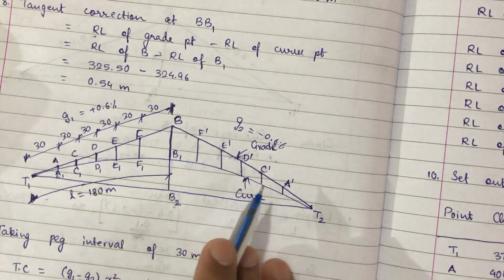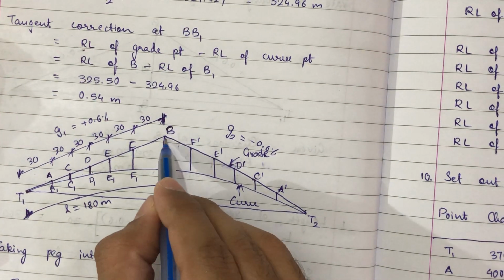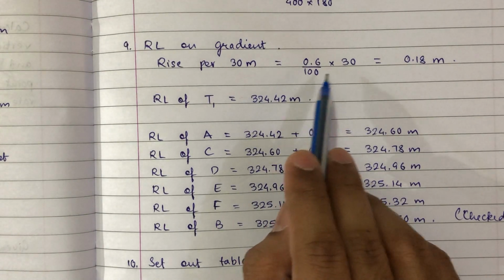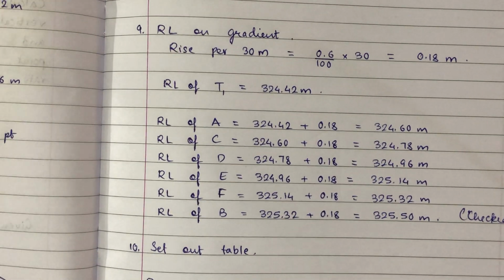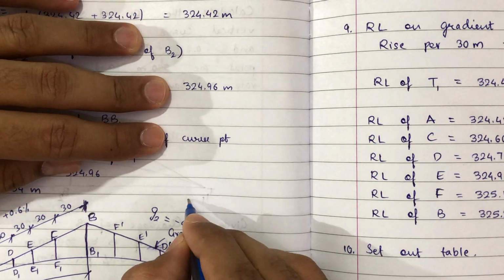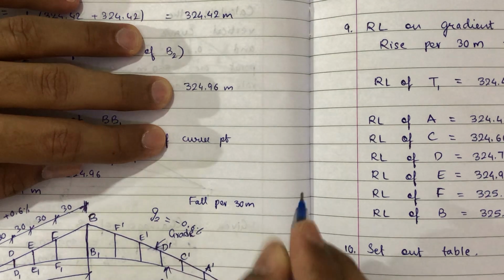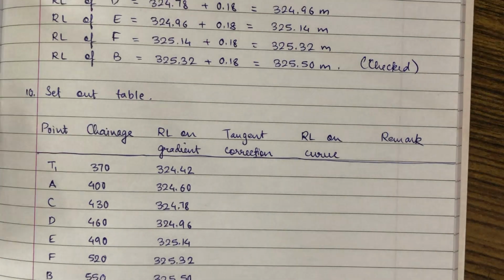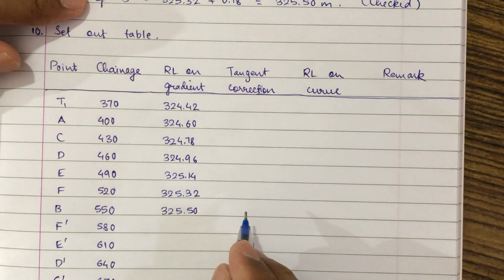Fall per 30 meter will again be 0.6 by 100 into 30, that is 0.18. But here we will have to subtract it. So fall per 30 meter will be equal to minus 0.18 meter.